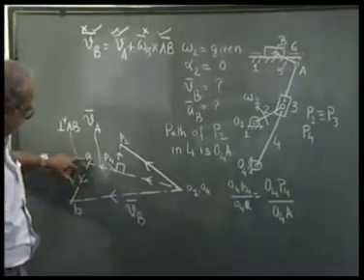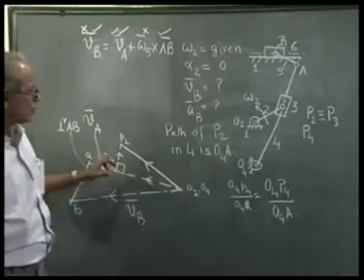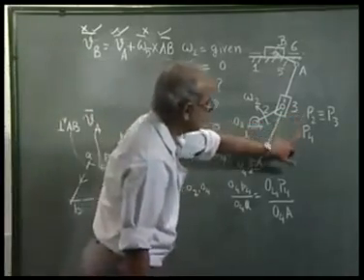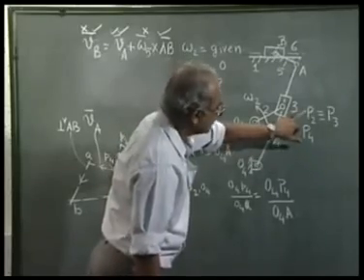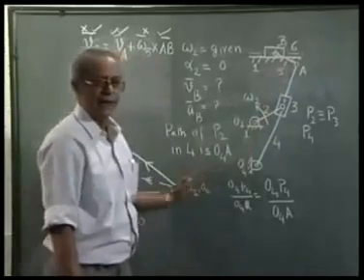We have shown you the use of the velocity image while locating the point A. We have also shown the use of the coincident points, namely P2 and P4, because the path of P2 in body 4 was known, that was along O4A.